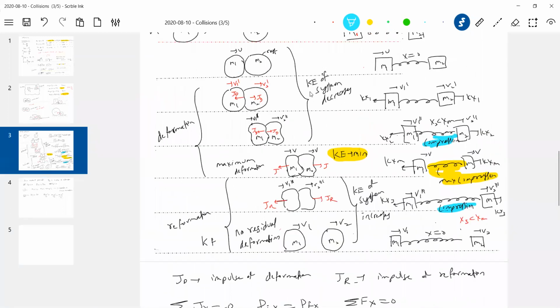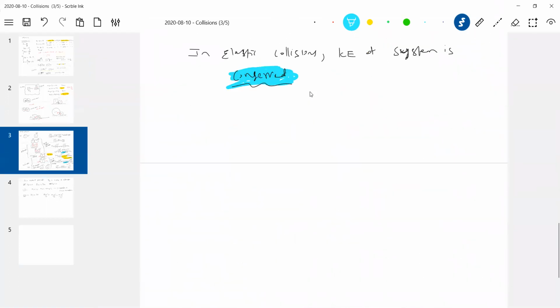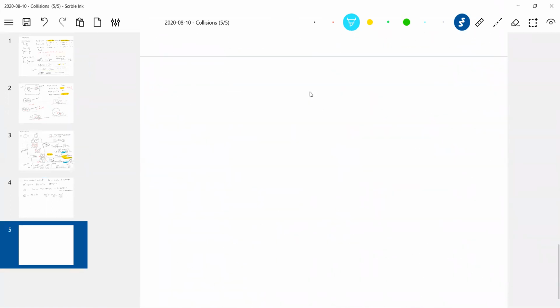So I'll take help of these two. Let's take one example rather than this. There are two objects. One is moving with an initial velocity v naught, and let this other be at rest. This is the first object, this the second object.